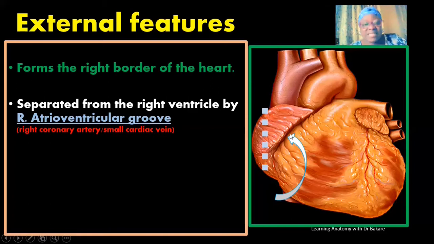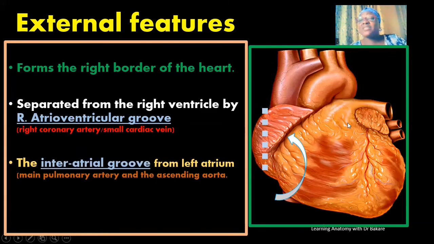So this is the right atrioventricular groove that separates the right atrium from the right ventricle. It allows the passage of the right coronary artery and also the small cardiac vein. So if you look deep into this depression or groove, you have vessels passing along it, and these are the right coronary artery and also the small cardiac vein.